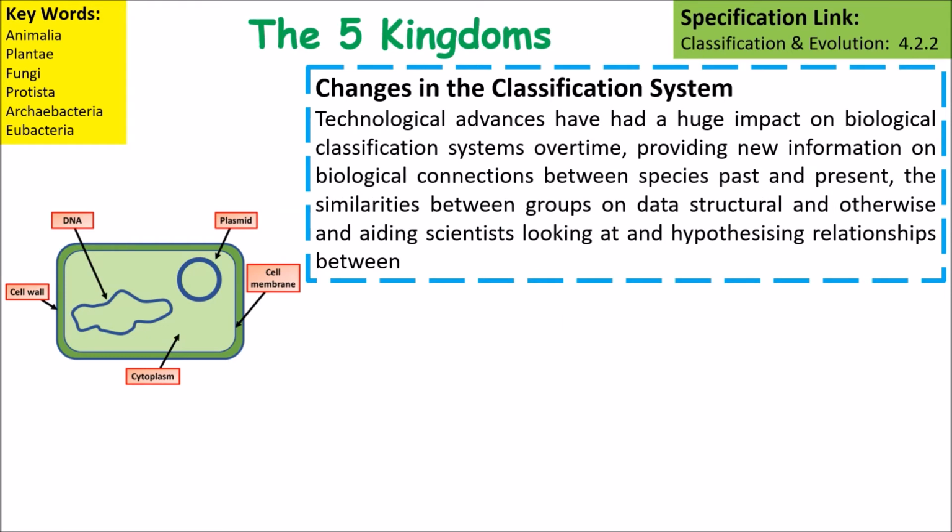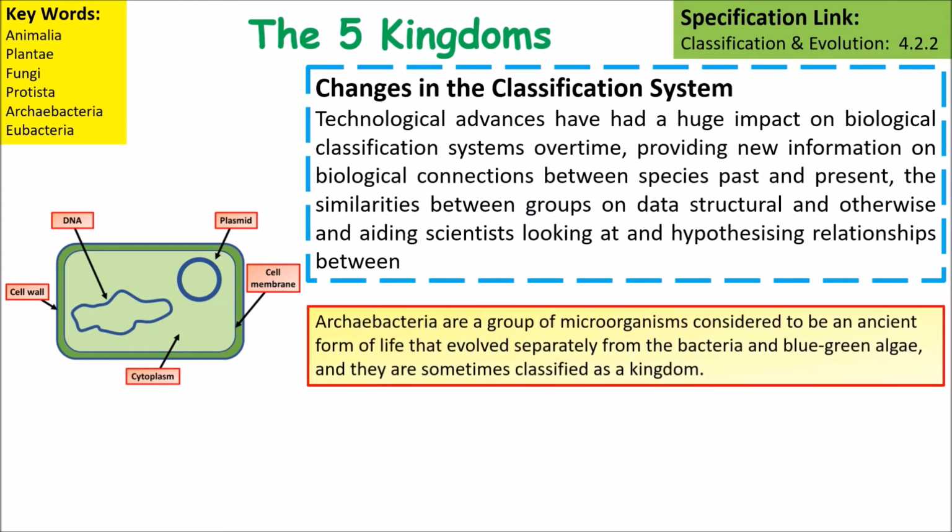Over time, the classification system has changed, and this is due to advances in technology. We now know that archaeobacteria are a group of microorganisms considered to be an ancient form of life that evolved separately from bacteria and blue-green algae.